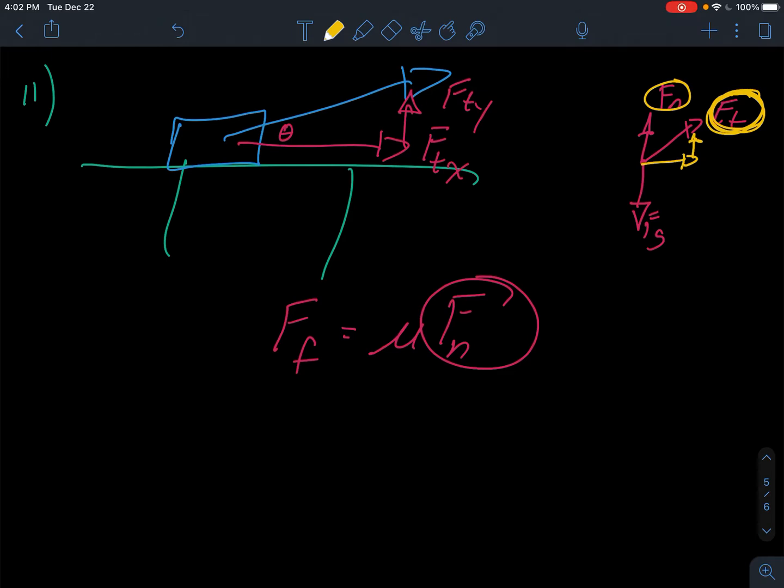So kind of like with projectile motion, 45 degrees being that sweet spot with having the most out of your X component to get your velocity and then the most out of your Y component to get your time. Same thing here. We need to find that sweet spot for getting the least amount of friction, but then also the most amount of horizontal force causing the acceleration. So depending upon the angle and the scenario of the problem, it will change.